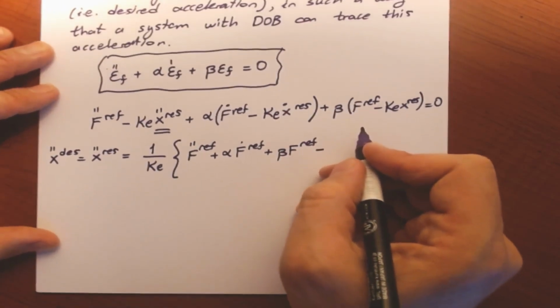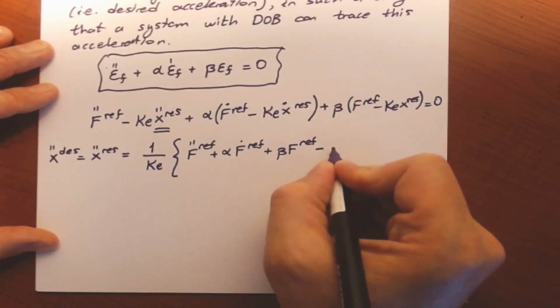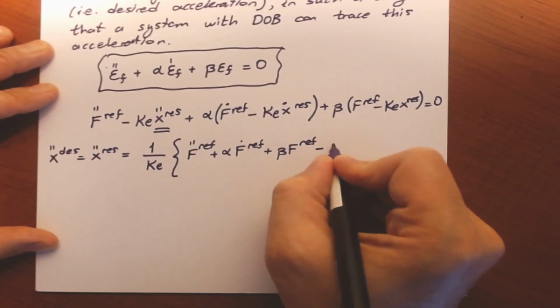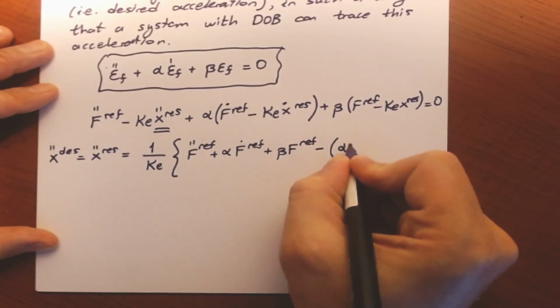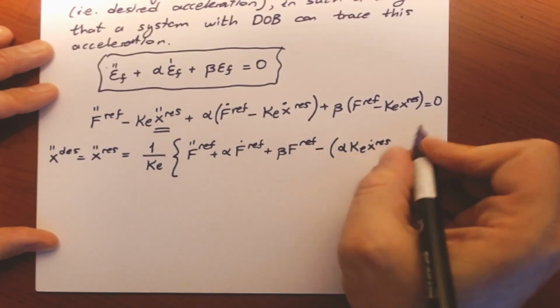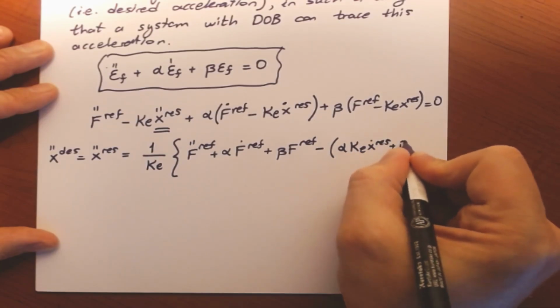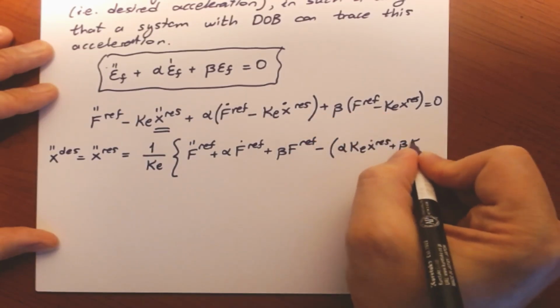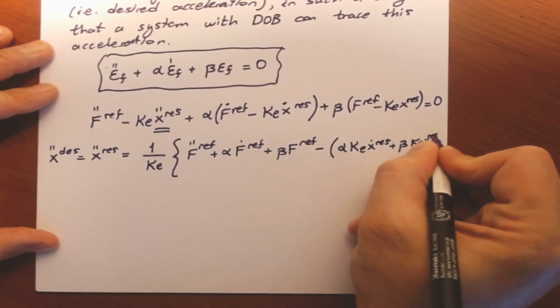So let me put it here: minus, as a whole, alpha KE X dot response plus beta KE X response.